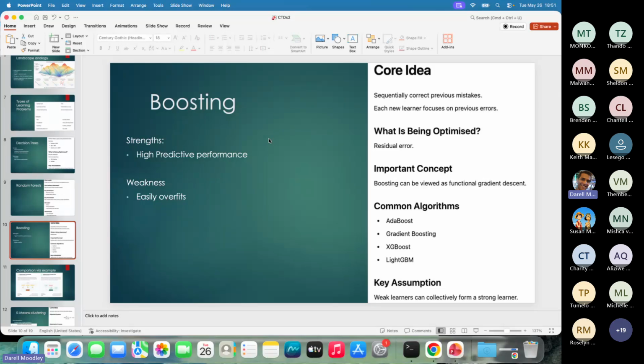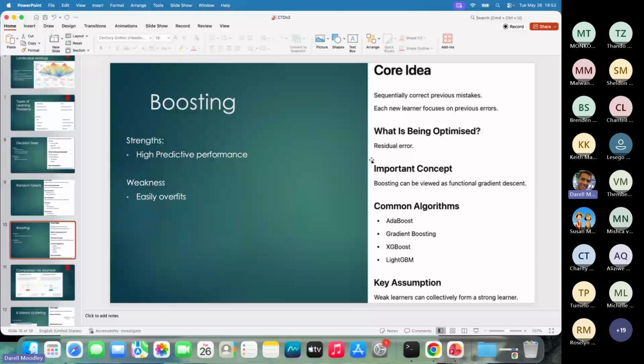You can't train the trees independently. You have to wait for one tree to finish, and then the next tree is developed based on the results you got from the tree before it, and so on. So that's what we mean by sequential. Each tree improves on the performance of the previous tree. So it's a sequential procedure.